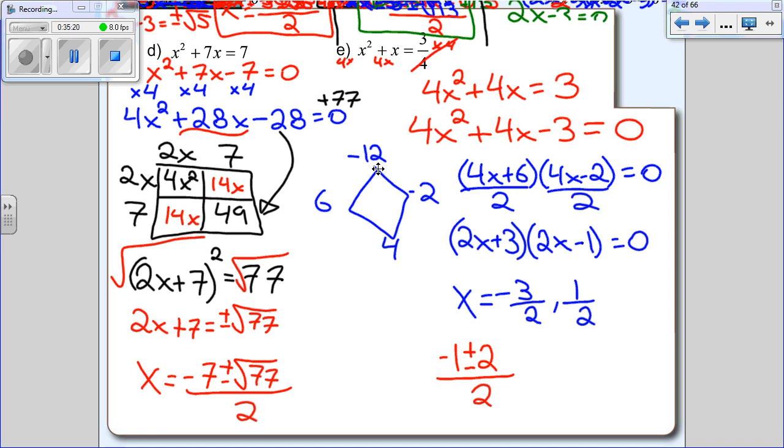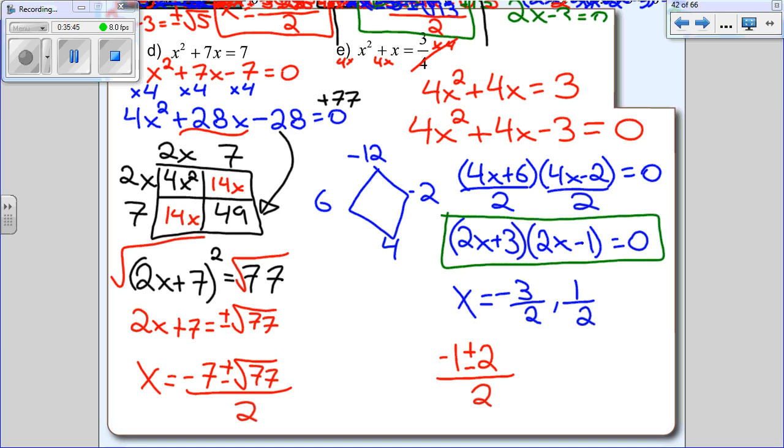Using the diamond method in blue or in the red? So I look here, and I wanted to make each of those equal to 0. So the first one I said, okay, what makes 2x plus 3 equal 0? And I subtract 3 from both sides.